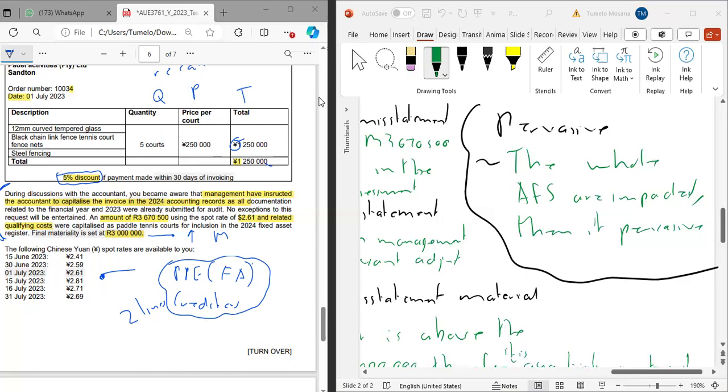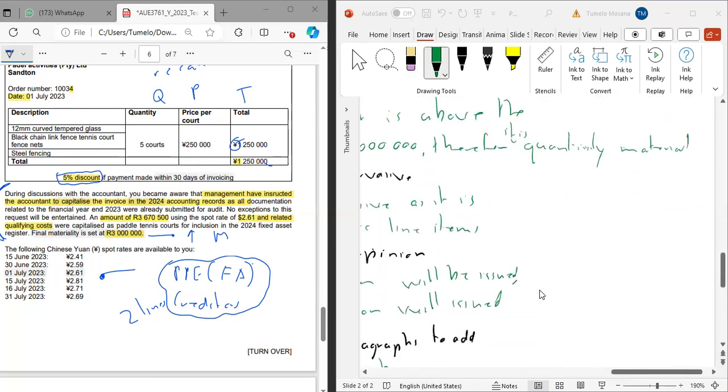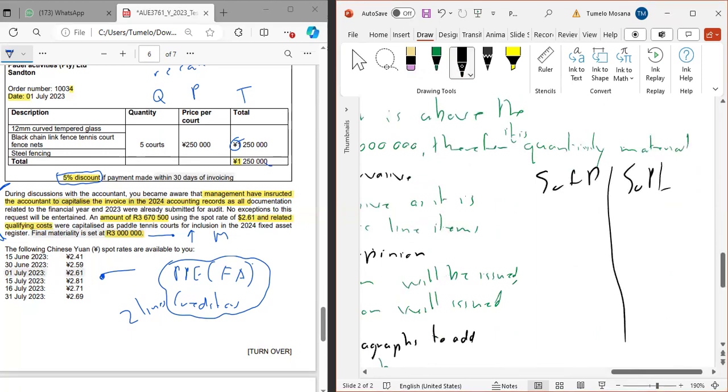It should affect the whole annual financial statement, meaning that it should affect every line item essentially. In the simplest terms, every line item on your annual financial statement should be impacted. Remember, you have your statement of financial position, your statement of profit and loss, and your statement of changes in equity.